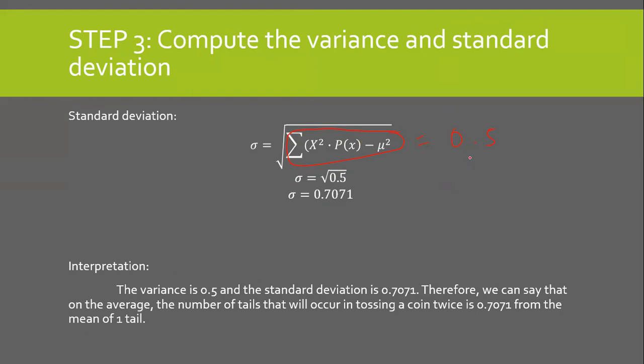Now, the square root of 0.5 is equal to 0.771. And that is our value for the standard deviation. For interpretation, the variance is 0.5 and the standard deviation is 0.771. Therefore, we can say that on the average, the number of tails that will occur in tossing a coin twice is 0.771 from the mean of one tail.